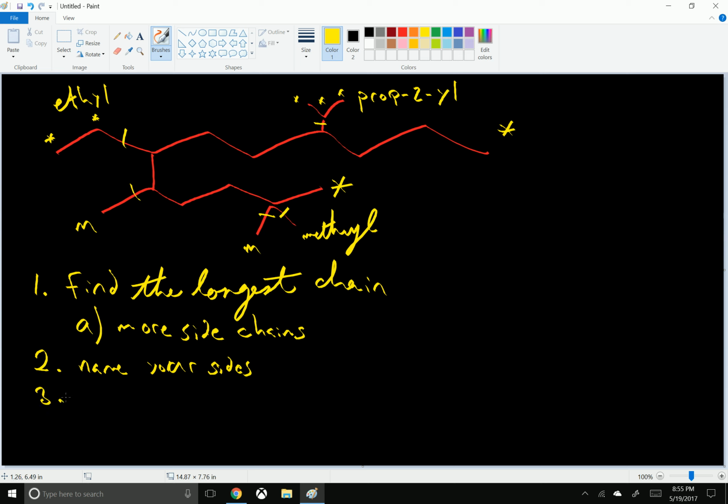Step 3, we number the main chain. When you number your main chain, you're always going to be faced with 2 options. From one end to the other, or from the other end to the one. So, 1, 2, 3, 4, 5, 6, 7, 8, 9.